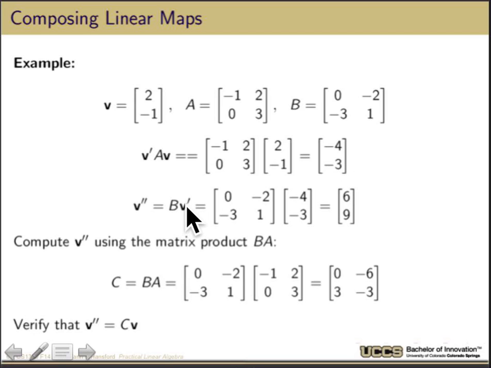If I take that vector v prime and multiply it to get v double prime, I take 0, minus 2, minus 3, 1 times 4, 3, and I get minus 6, minus 9. If I first compute the product of B times A, I get a new matrix, 0, minus 6, 3, minus 3, and with just a little bit of algebra, you can verify that if I multiply this times v, I'm going to get the same result.